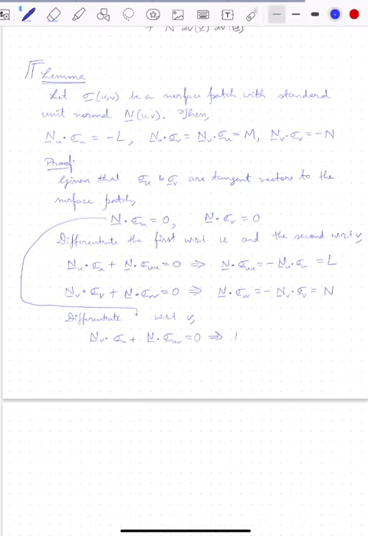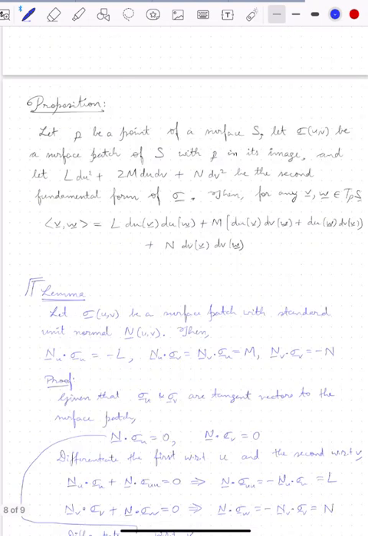This implies that n dot sigma_uv, which is minus n_v dot sigma_u, is equal to m. And likewise, this is also equal to minus n_u dot sigma_v, which is m. So this is the basic proof, so to speak. With this the lemma proof is done.